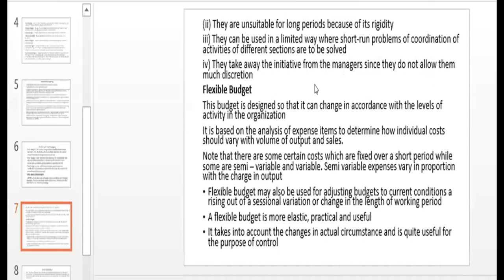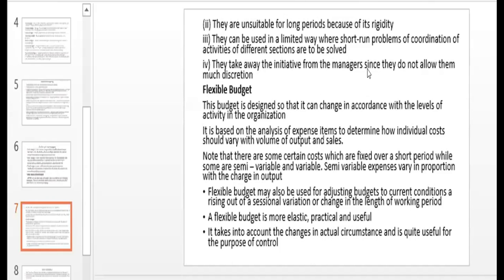They have very little they can do about them because they are like permanent in nature. They are static, other than the flexible budgets where managers have discretion over them, they can move figures from one point to another, and that normally happens depending on the situation.